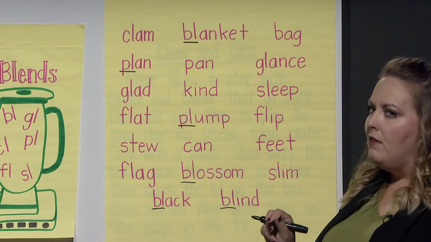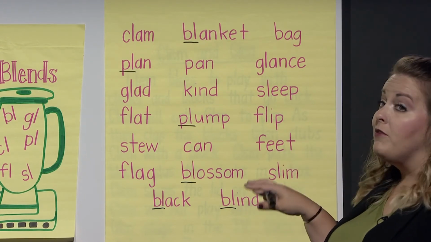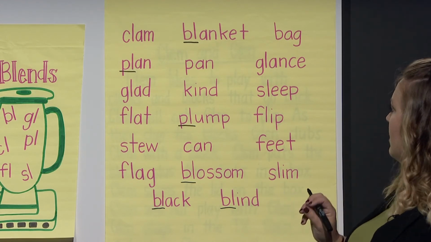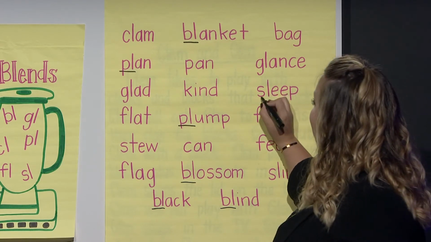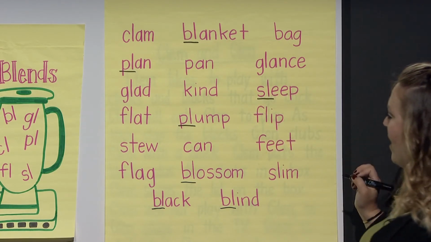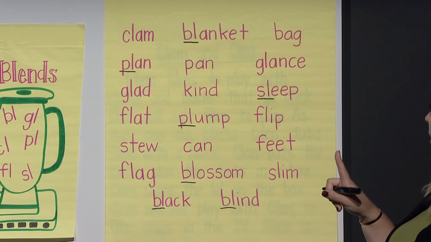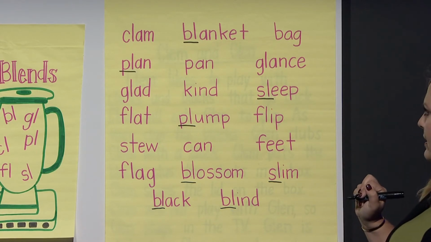I'm not going to tell you the letters. And I want you to find the words that have the blend for soul. Soul. I heard somebody say sleep. Awesome job. Sleep. I see one more. Slim. Slim. Great job, boys and girls.